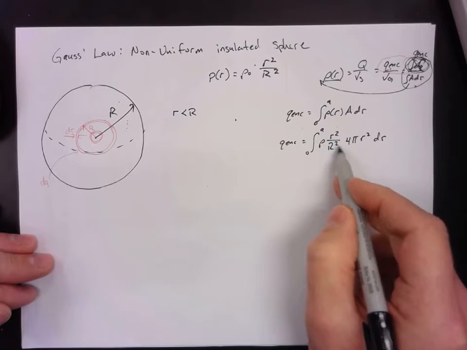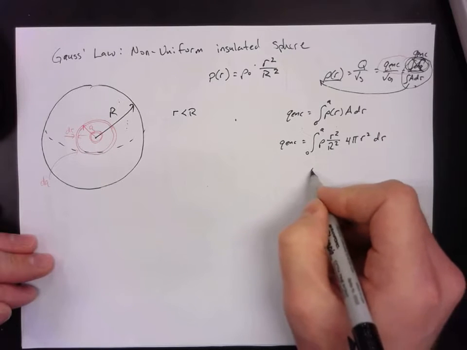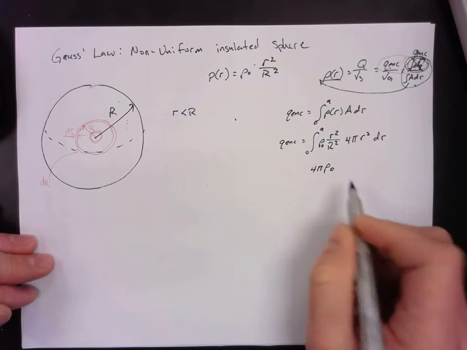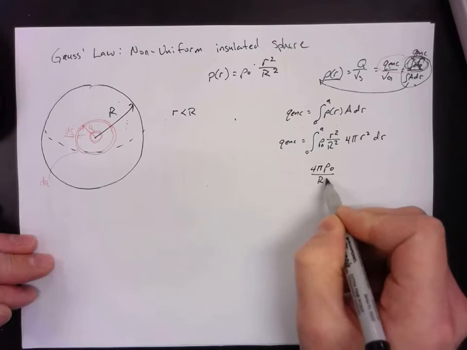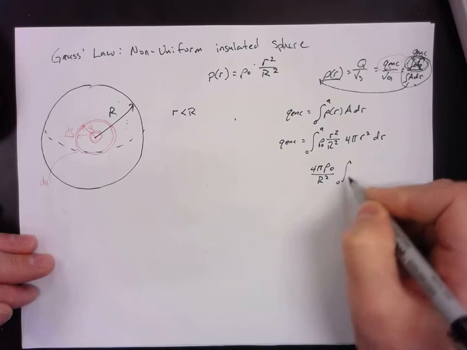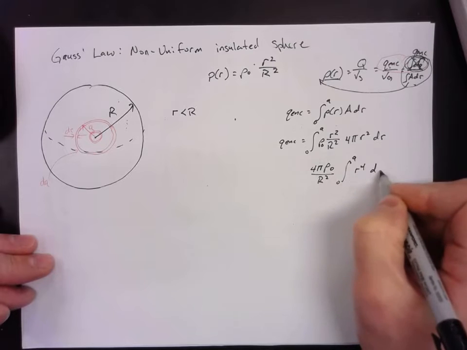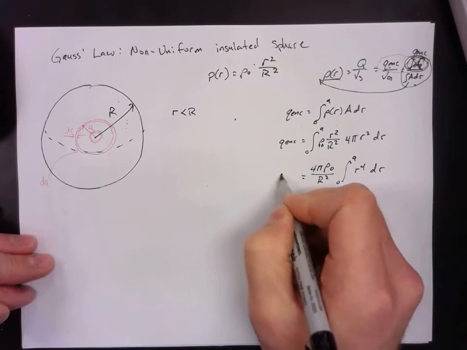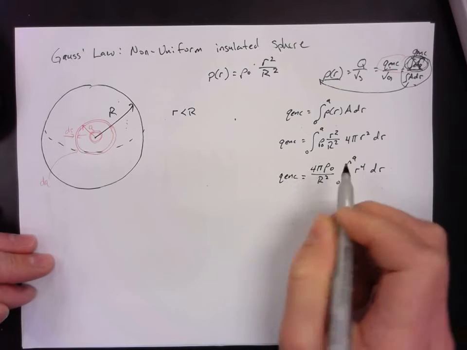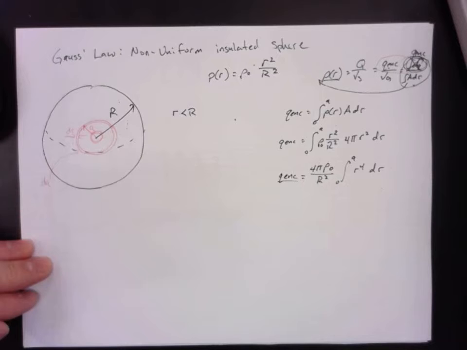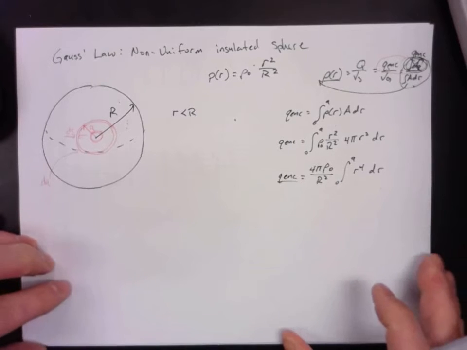So I'm going to take out constants here: 4 pi rho naught over R squared, integral from 0 to a, r squared times r squared is r to the 4th dr. Solving this integral will give us the total amount of charge enclosed at any distance a away while inside of the sphere.